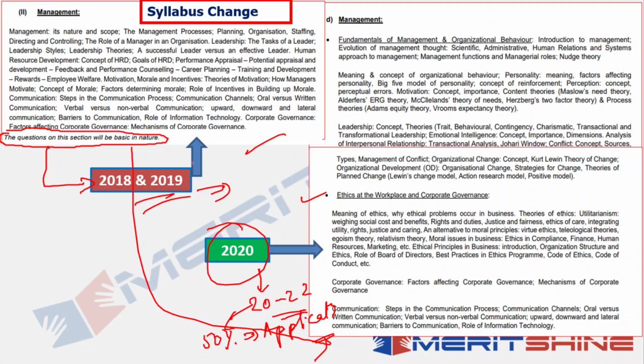Whereas in 2019, there were around 50 marks from management. Almost half of the paper was from management. And out of it, 10 to 15 marks were application oriented and 30 to 35 were pretty direct ones.